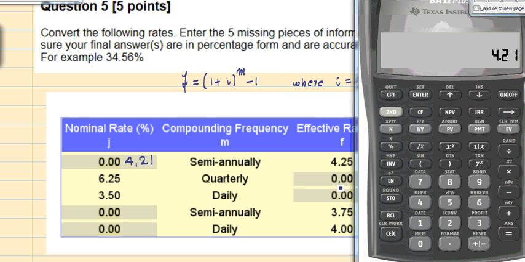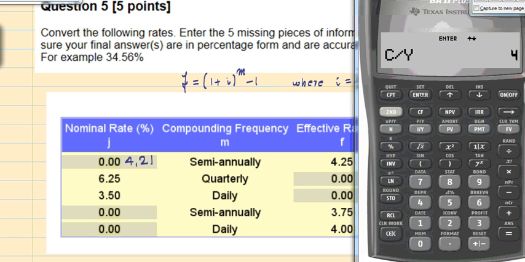For the next one, clear. For the next one, we're going to calculate effective rate. So I'm going to go again, second function, 2. Now we have nominal rate is 6.25, enter, and then scroll down until you see C over Y quarterly, that means 4.